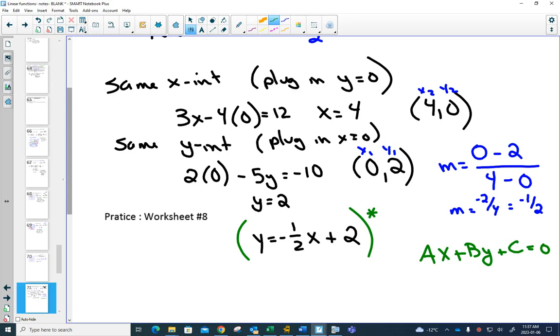Well, we're dividing by 2. So if I multiply everything by 2, it'll get rid of fractions. This side multiplied by 2 would be 2y. Negative 1/2 multiplied by 2 would just give me negative x, plus 2 multiplied by 2 will give me plus 4.